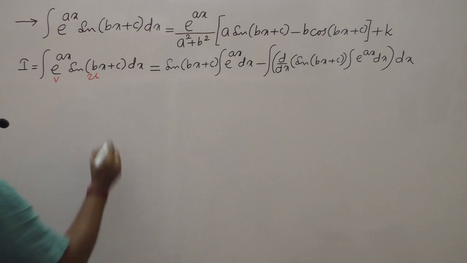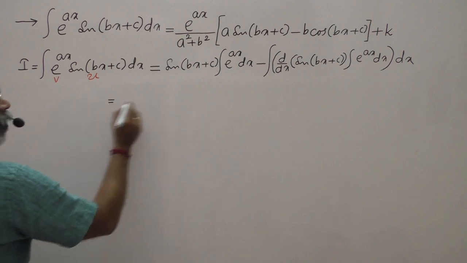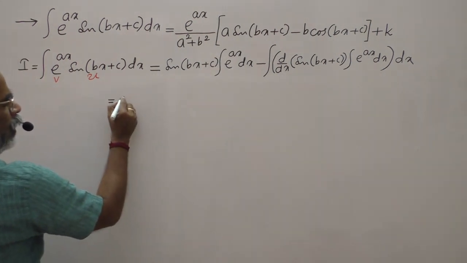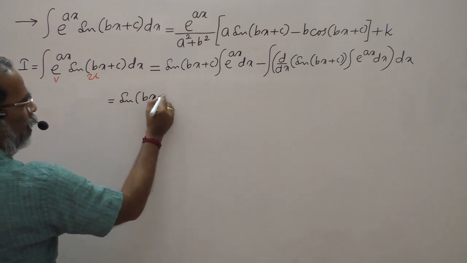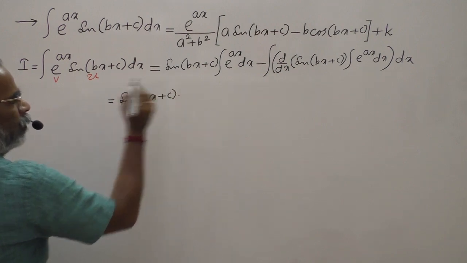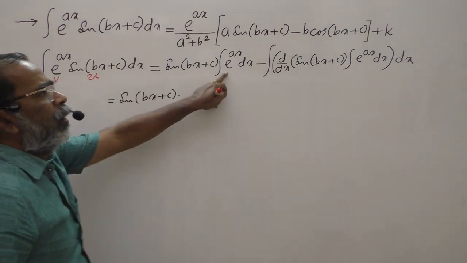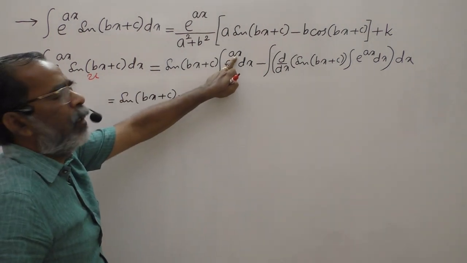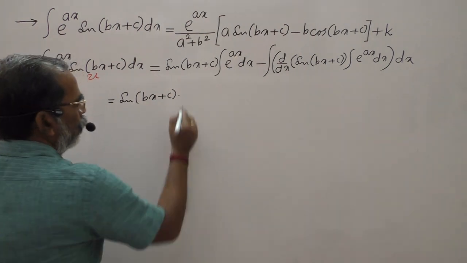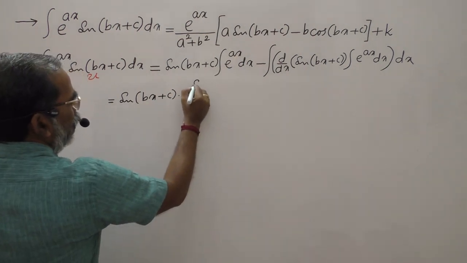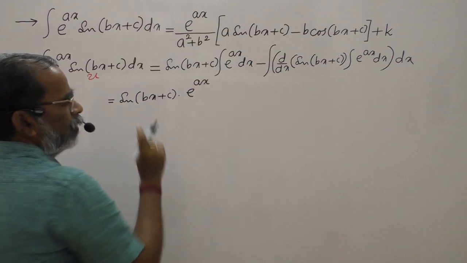Now let us simplify. See carefully. Here the integral is there, no? The first one is outside the integral. We have sine of bx plus c into integral e power ax. Ax is a linear function. You can apply the a power x rule, no problem. What is the integral of e power x?